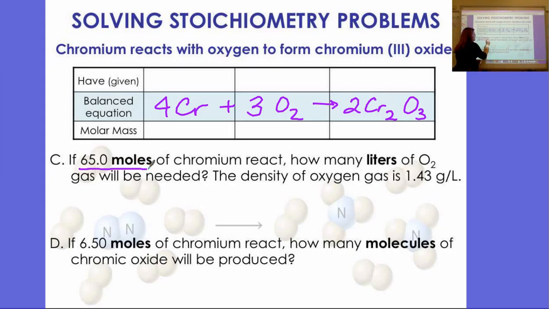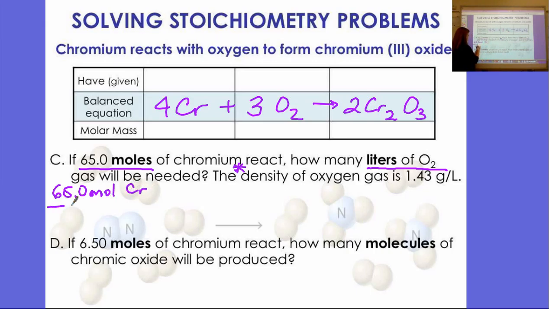Now I'm in moles, and I want to get to liters. Again, I have to give you the density. Here's the new part. Have to give you the density. But you start exactly the way we started before. Always start with what you're given.